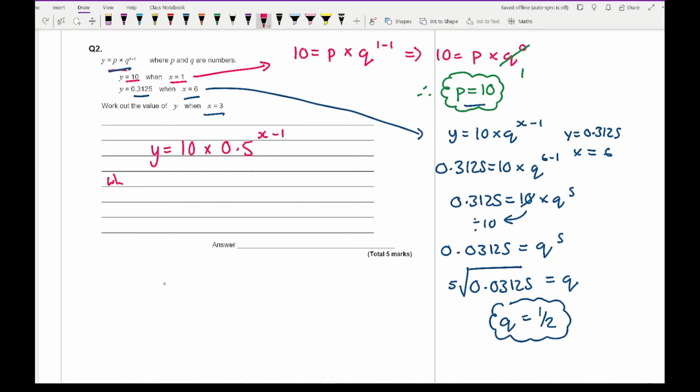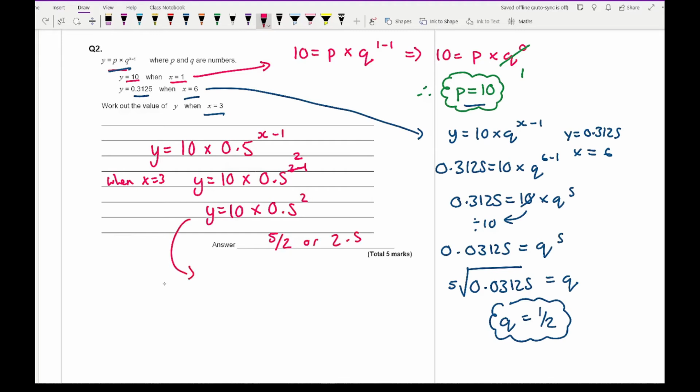Now when x equals 3, y equals 10 times 0.5 to the power of 3 take away 1, which is just 2, so it's y equals 10 times 0.5 squared, and again if I type that into my calculator, I get an answer of 5 over 2 or 2.5.